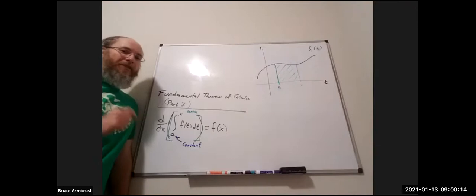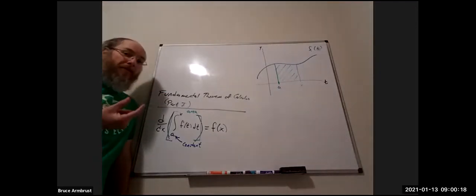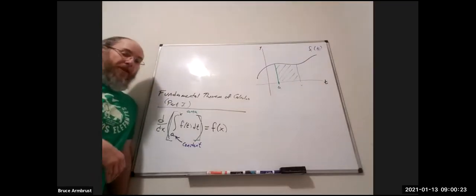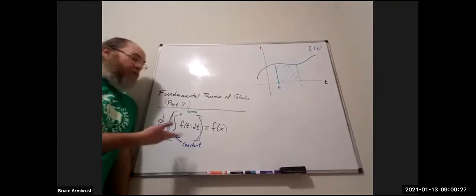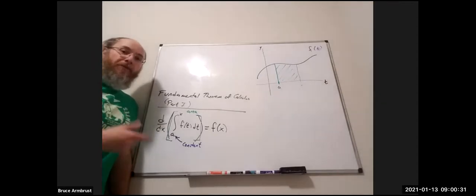So let's think about it. You've seen lots of pairs of inverse operations. Adding and subtracting. Those are inverse operations. Multiplying and dividing. Those are inverse operations. Squaring, taking a square root. Those are inverse operations. Well, guess what? Differentiating, integrating. They're inverse operations.